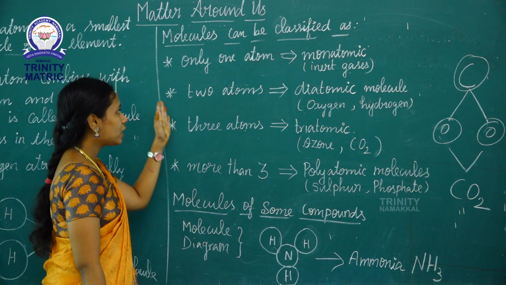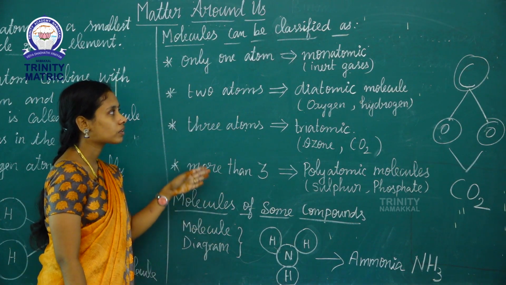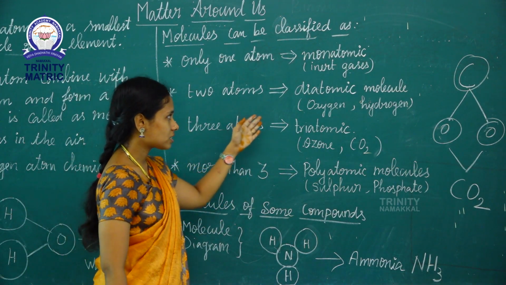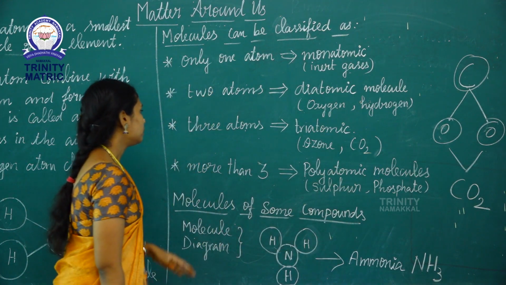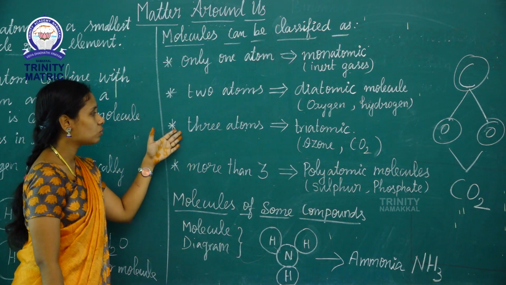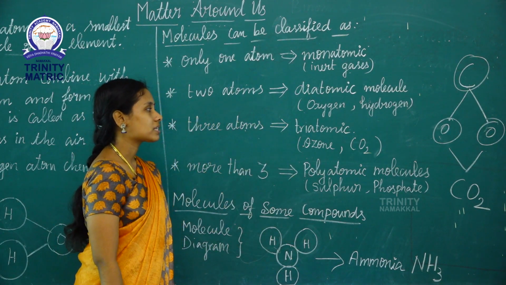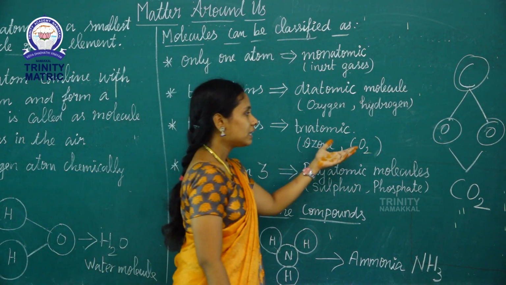Molecules with two atoms are diatomic, like oxygen and hydrogen. Molecules with three atoms are triatomic, like ozone and carbon dioxide.